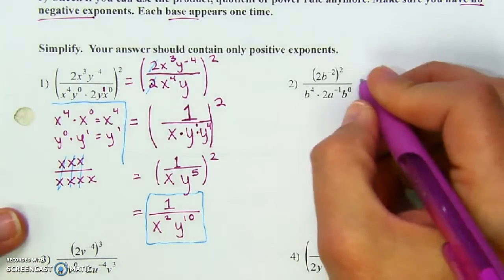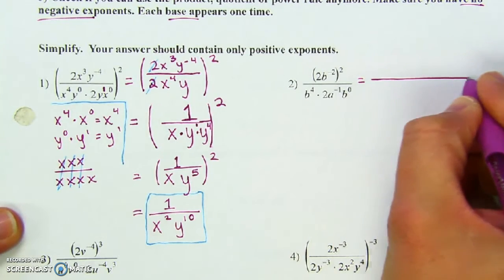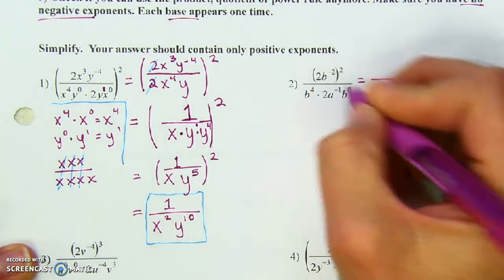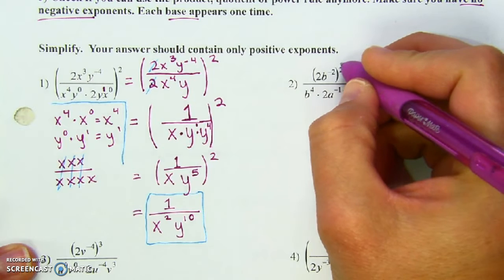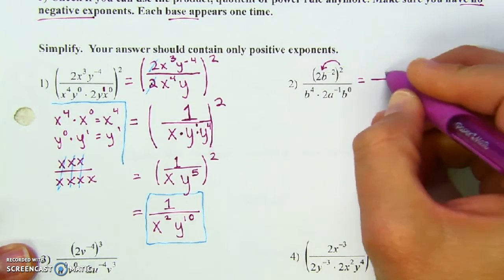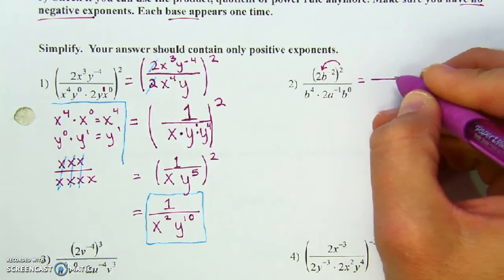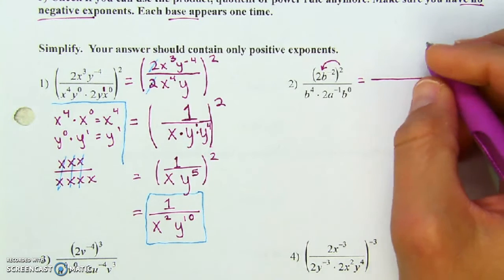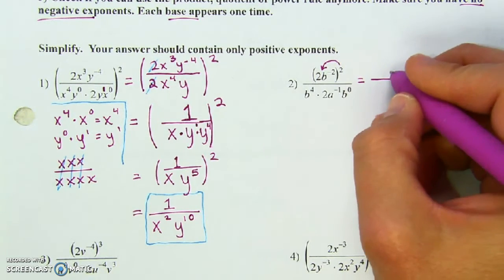Okay, so I'm going to write equals. Now, we can play with this numerator. That's fine. Do you see this power of 2? We're going to distribute it. It's not really distributing, but it kind of is distributing. It's like the English word of distribute.